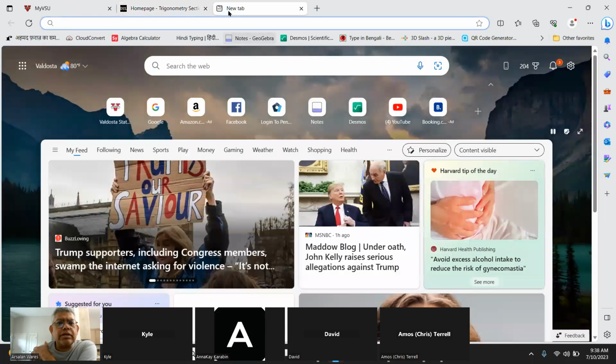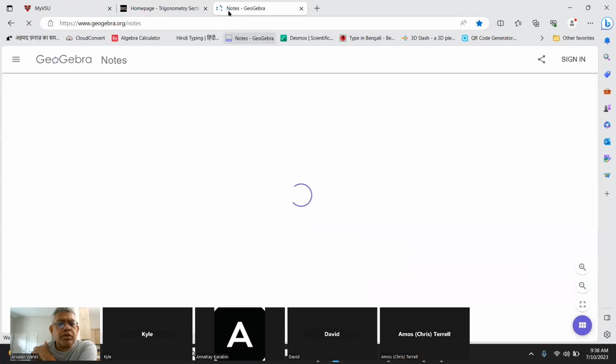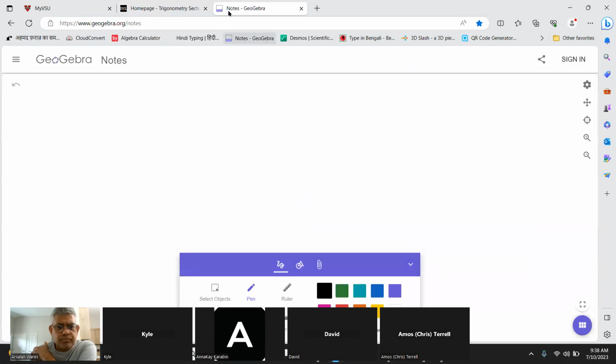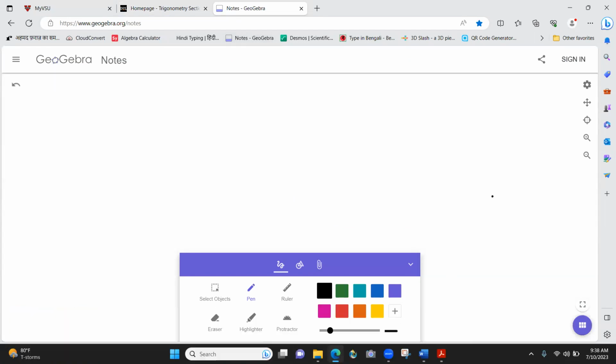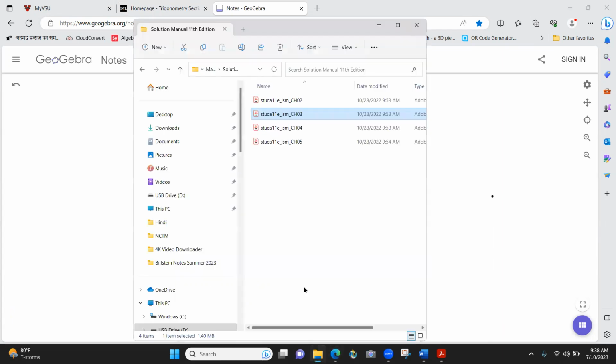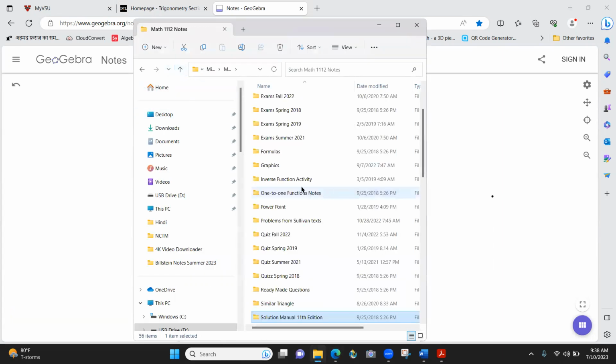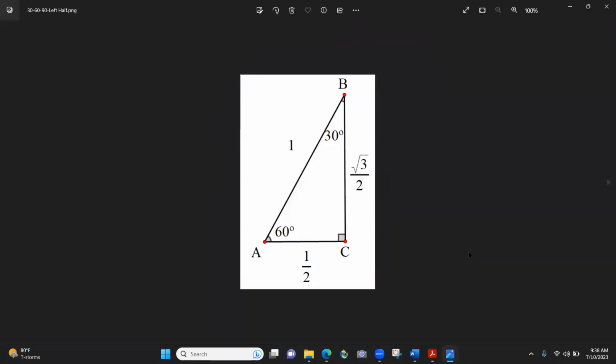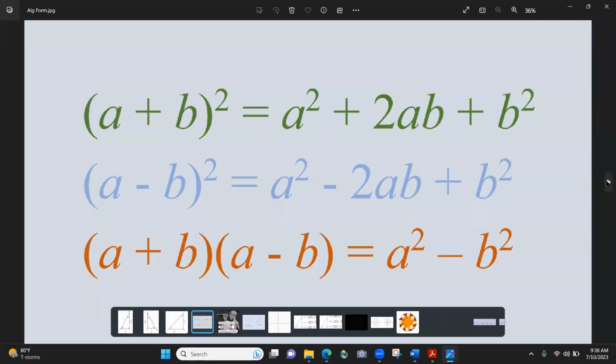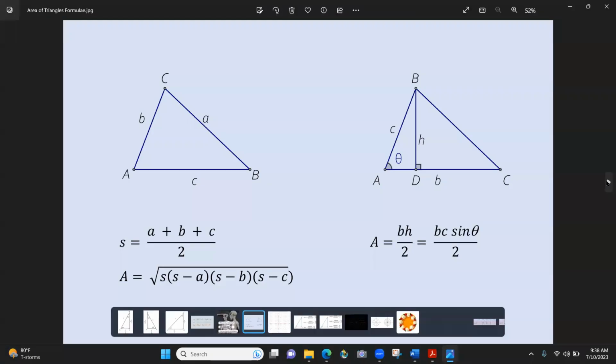Let's get right into it. So 3.2. And let me see if I can find a slide that'll save us a little bit of time. Okay, so bear with me a little bit. I'm looking for a formula for you guys.